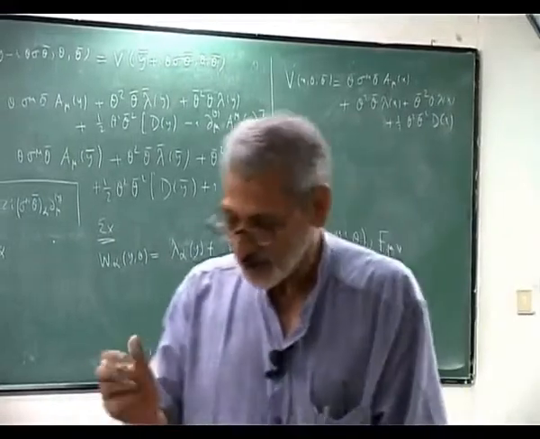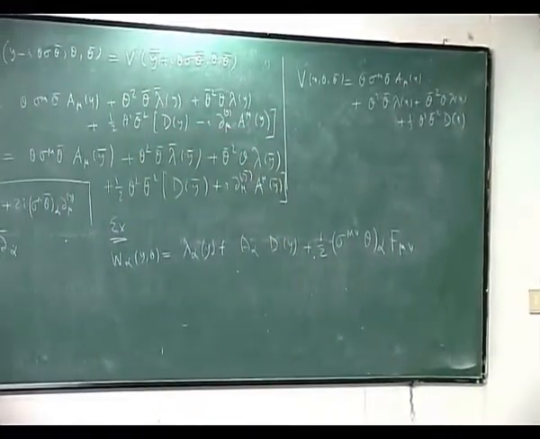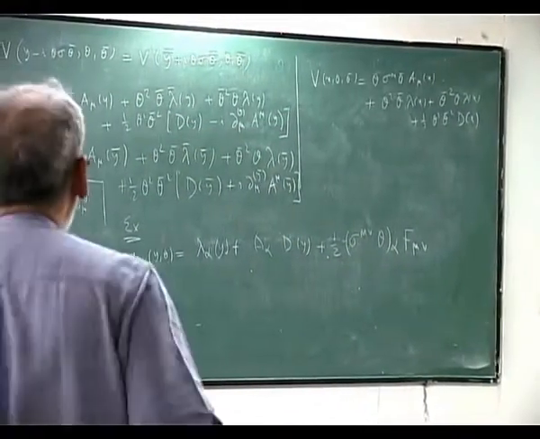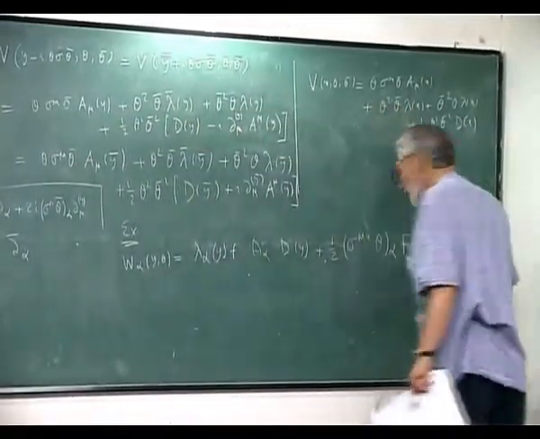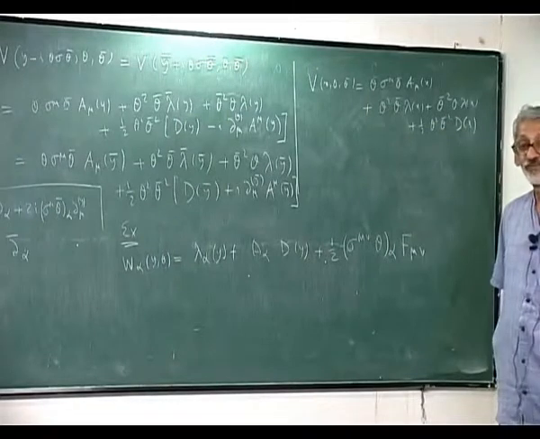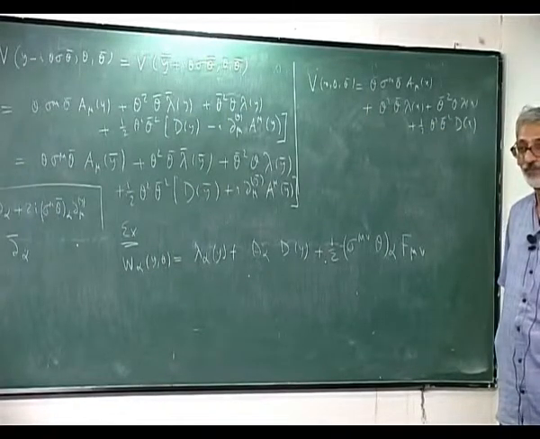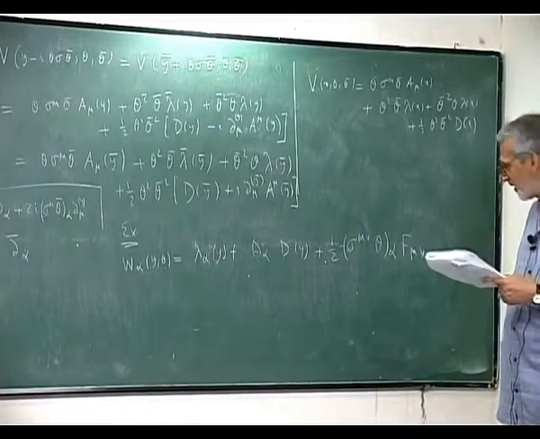Two sigmas. So you take the symmetric and antisymmetric combination. Symmetric combination will give you d mu A mu, that will cancel this term, and antisymmetric combination will give you this term. I think i's are not there. Okay, that's it.